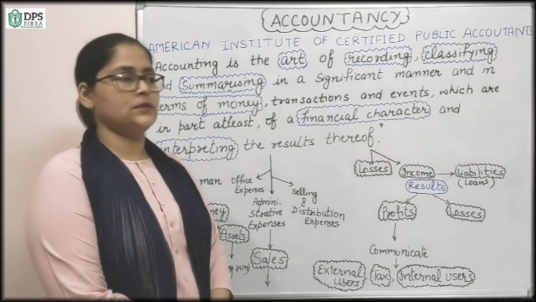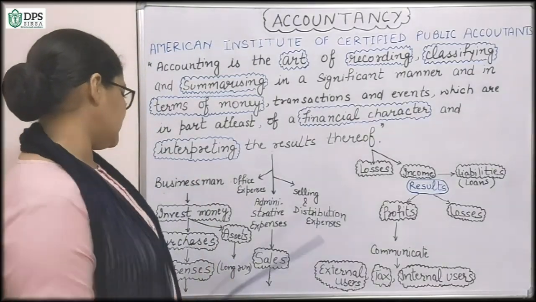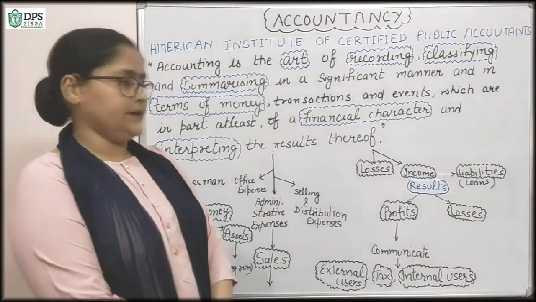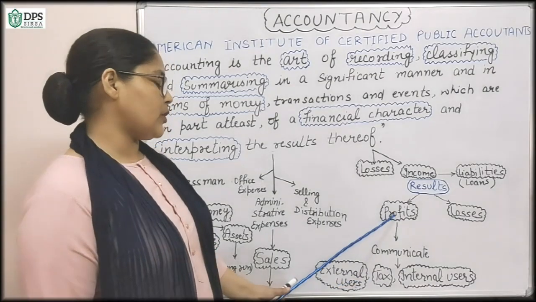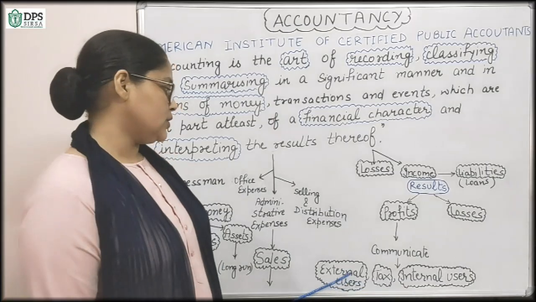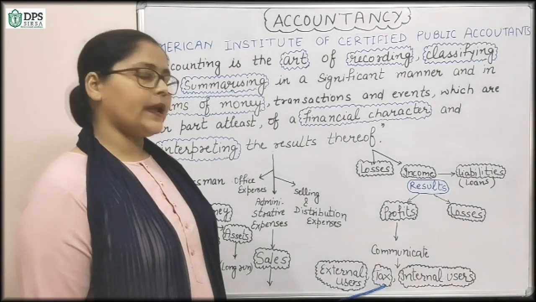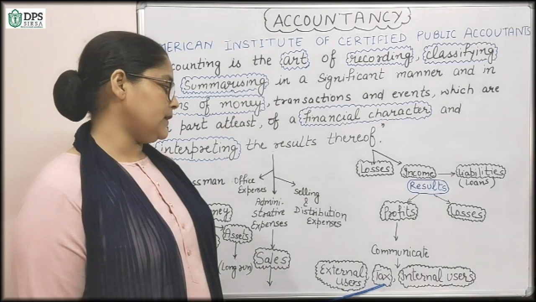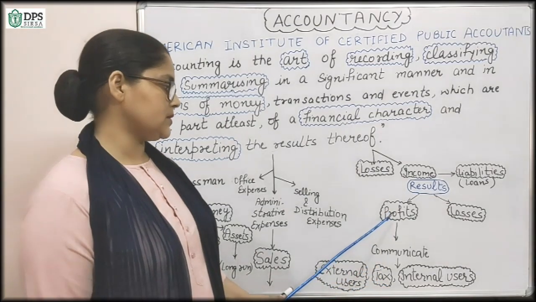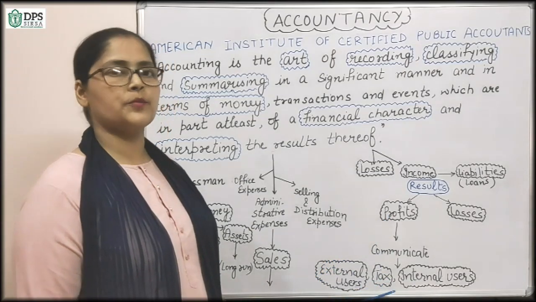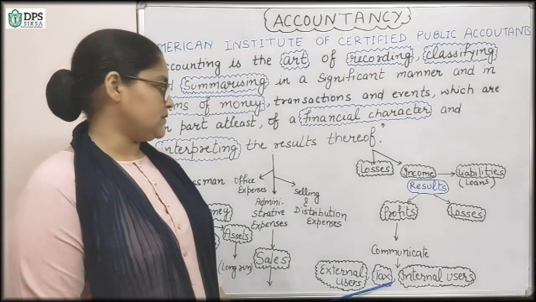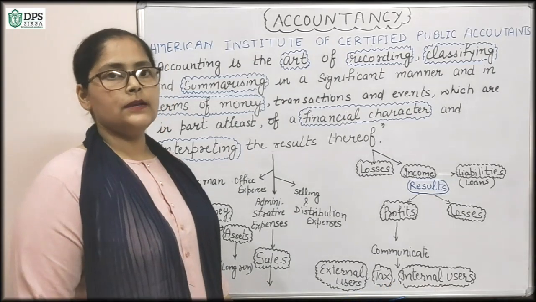Creditors are the persons who give us goods on credit. They are interested in our profit because they want their money back. Tax authorities, meaning government, are interested in the profits of the business because they want to know what the profits are and what tax is receivable from that businessman.